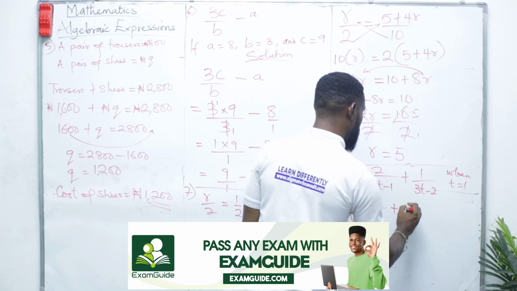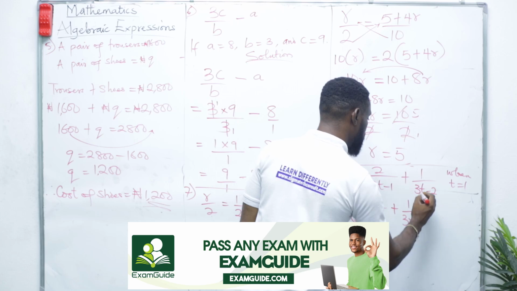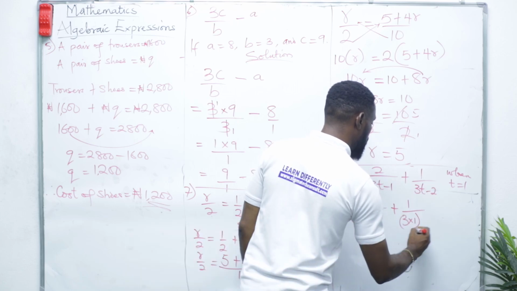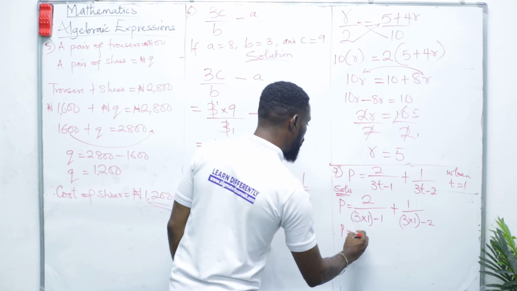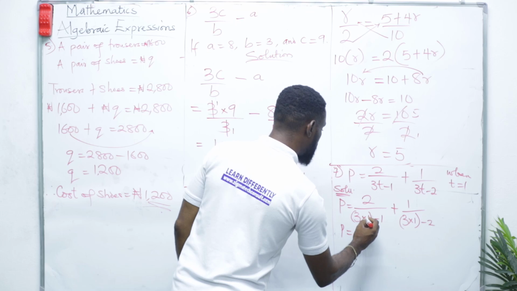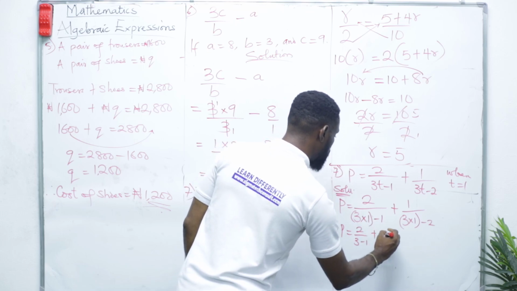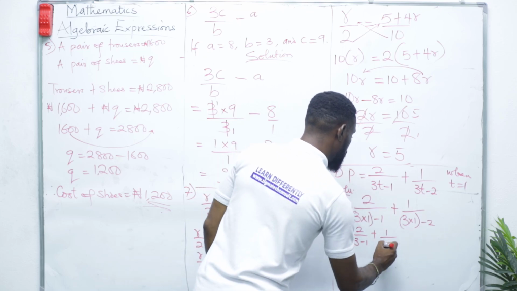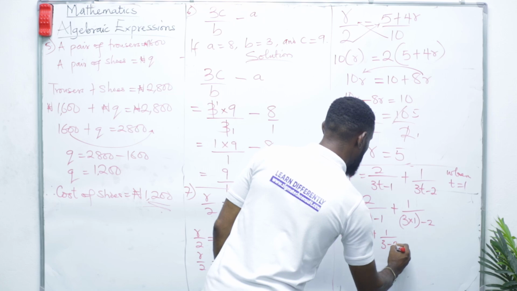Then here is plus 1 into 3 times t, they say is 1, minus 2. Is that okay? So our p will now be equal to 2 into 3 times 1 is 3. So this is 3 minus 1 plus 1 into 3 times 1 is 3 minus 2.